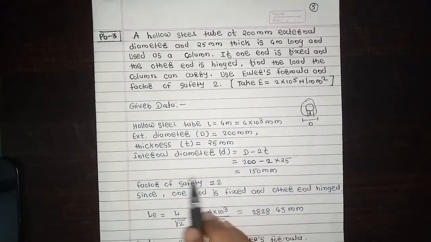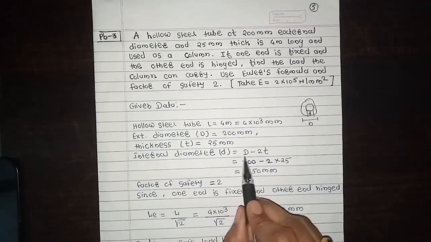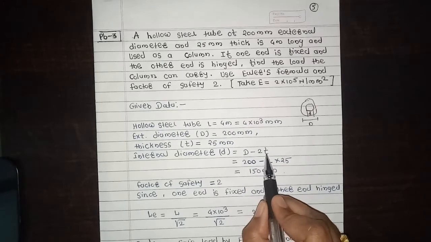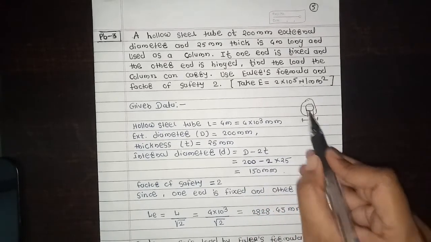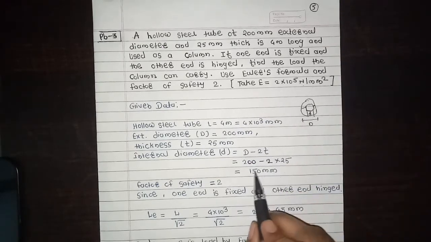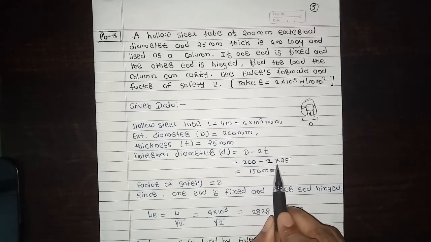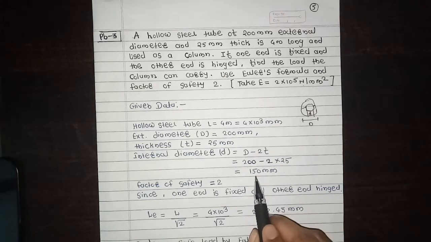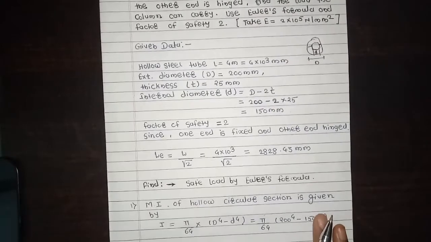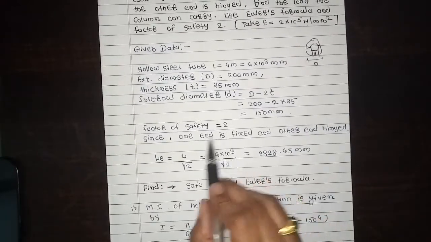So internal diameter small d is equal to capital D minus 2 into T, where T is the thickness. So 200 minus 2 into 25, then we get 150 mm and factor of safety is given 2.